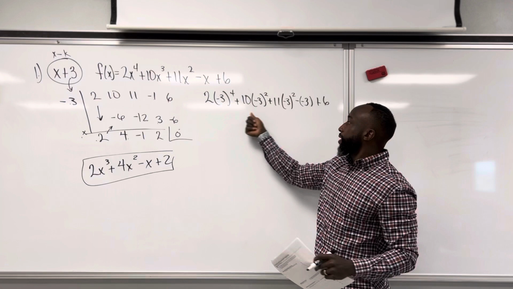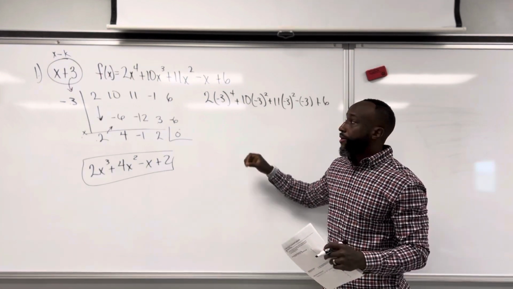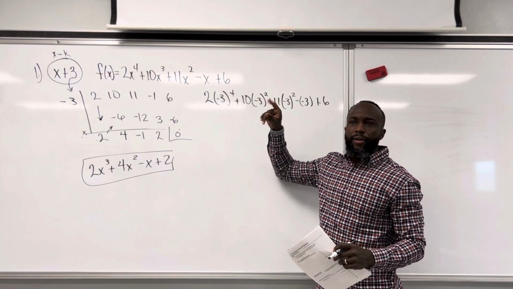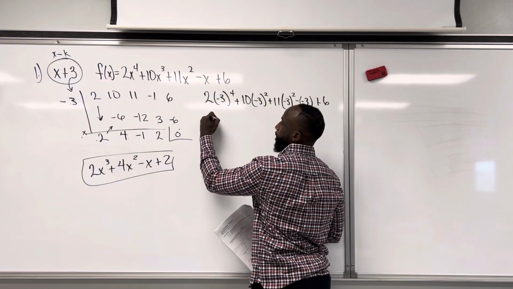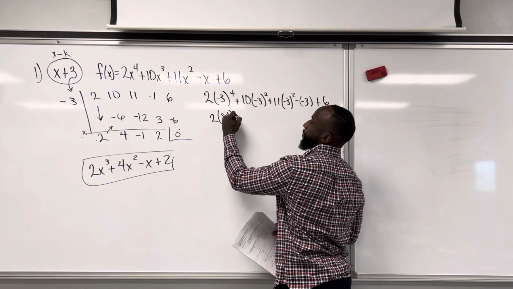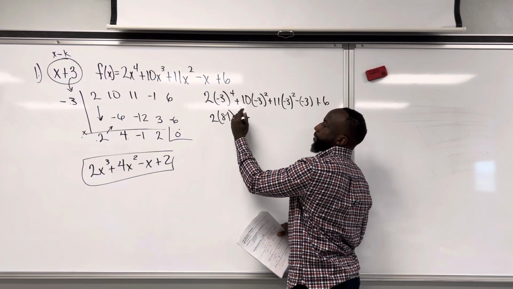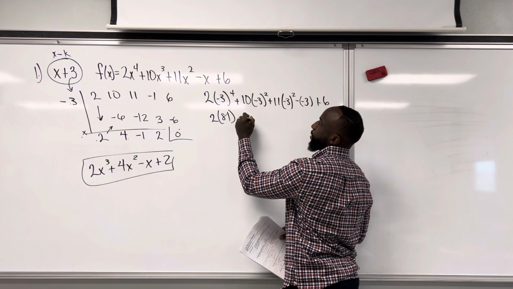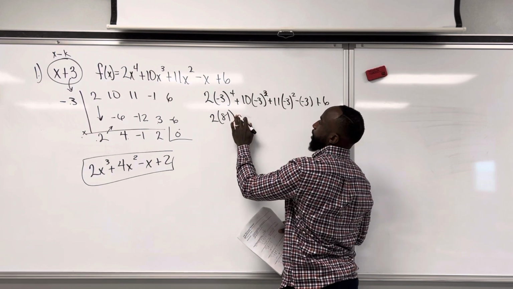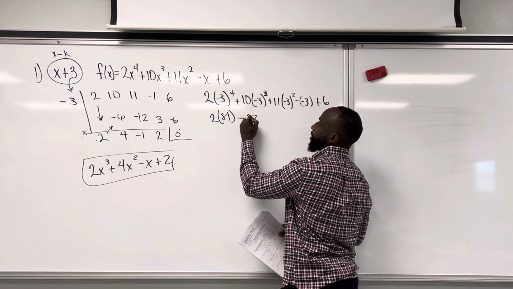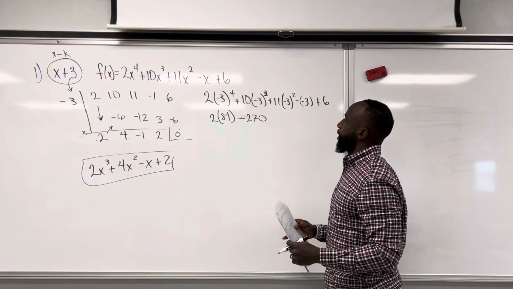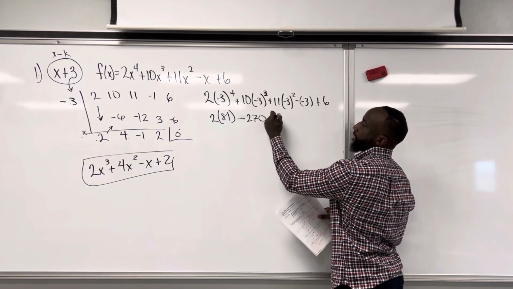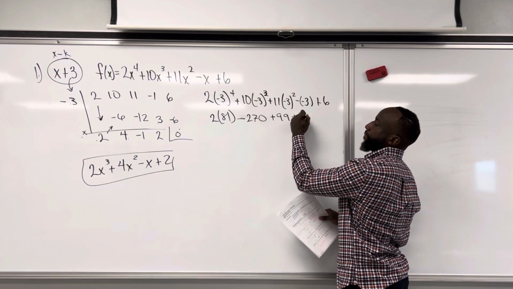We put all of this in, we should end up with 0. -3 to the 4th power is 81, so it'll be 2 times 81, plus 10 times -3 to the 3rd, which is minus 270, plus 99, plus 3, plus 6.